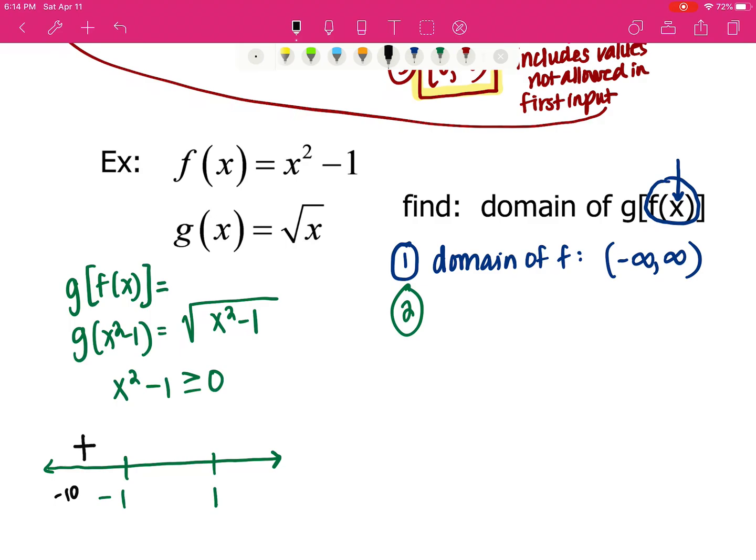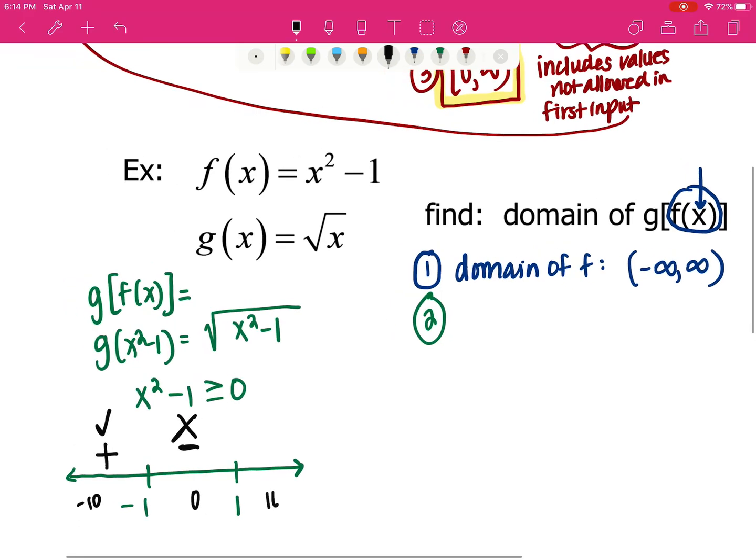So that gives me positive outputs. That's a check. That works. If I put a 0 in, 0 squared minus 1 is a negative output. That does not work. That is not greater than or equal to 0. If I put a positive 10 in, I get positive outputs, and that does work.